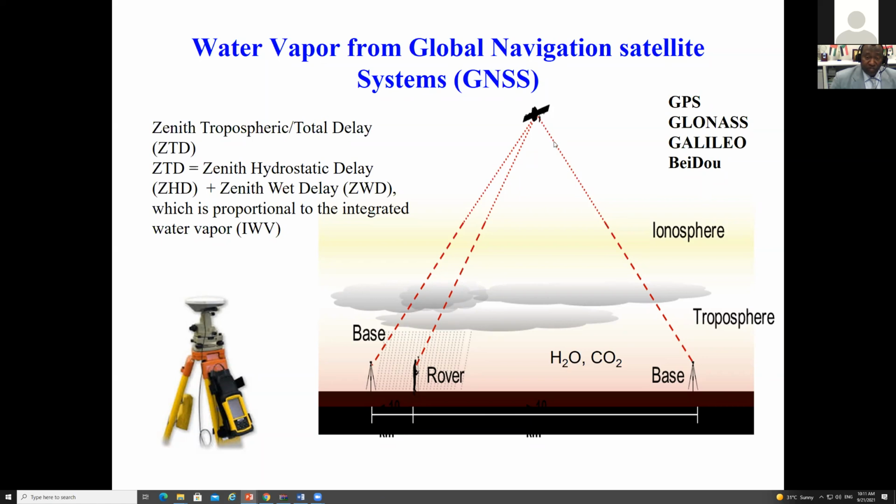So when the signal passes from the satellite, it may be affected, bending due to refraction. In the troposphere, we have many gases such as nitrogen, almost 78%, oxygen, 21%, and we have water vapor around 1%. So mainly they look at the water vapor and its effect.